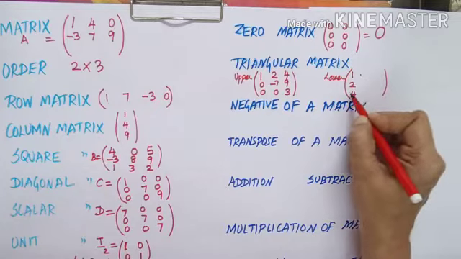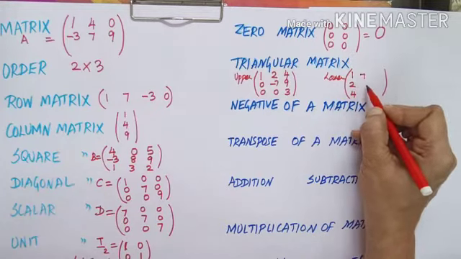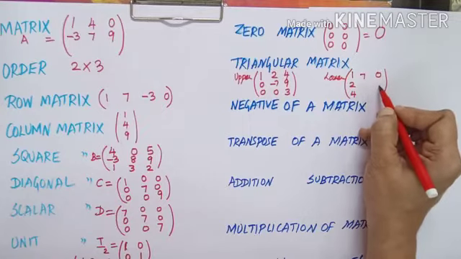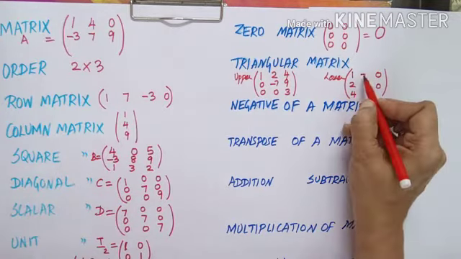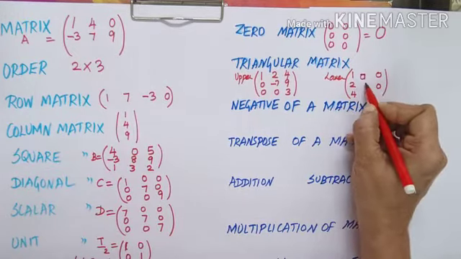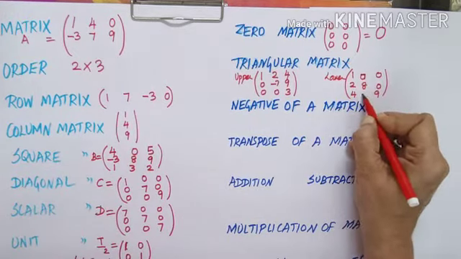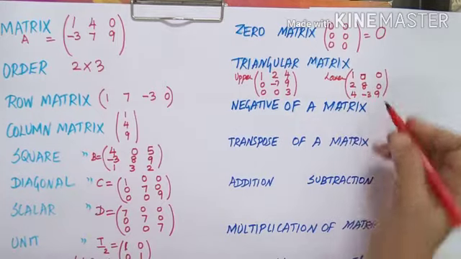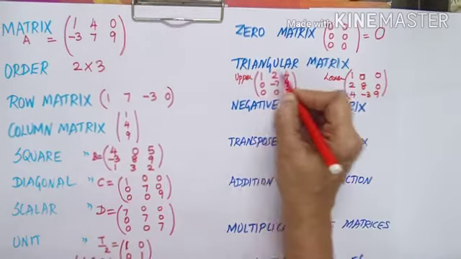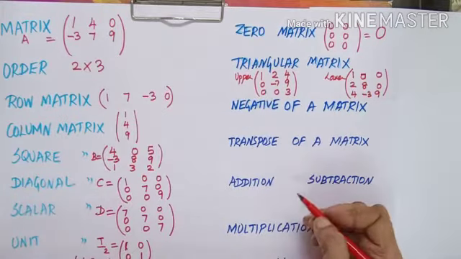Diagonally elements are present. So 7, this is 0, 0 and 0, 8, 9, even negative numbers can come. So this is lower triangular matrix, whereas this is upper triangular matrix.